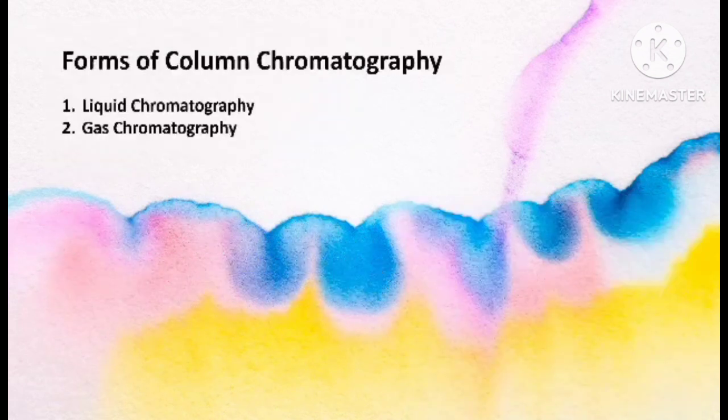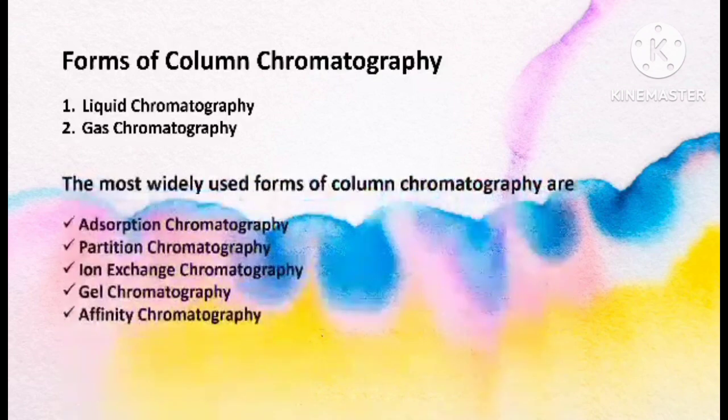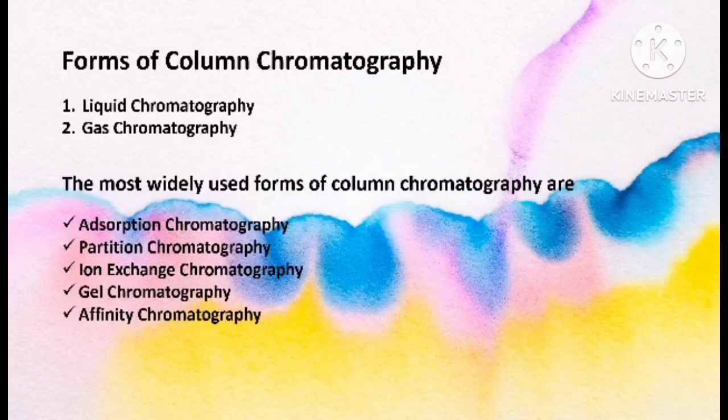The forms of column chromatography: liquid chromatography and gas chromatography. The most widely used forms of column chromatography are adsorption chromatography, partition chromatography, ion exchange chromatography, gel chromatography, and affinity chromatography.